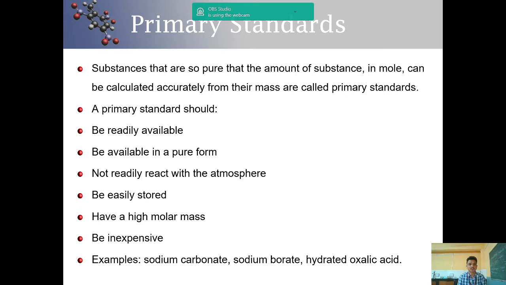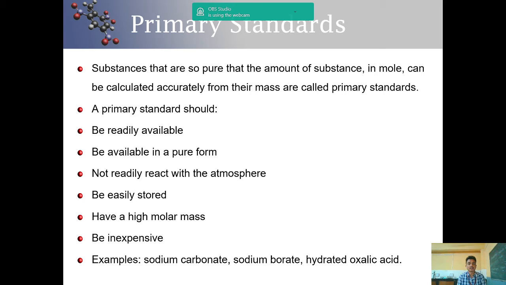Primary standard substances have a high molar mass, and when you have to buy the standard substances, you have to think about the expense. That means the cost of that primary standard. So this primary standard should be inexpensive. That means the cost is not much compared to other chemicals.